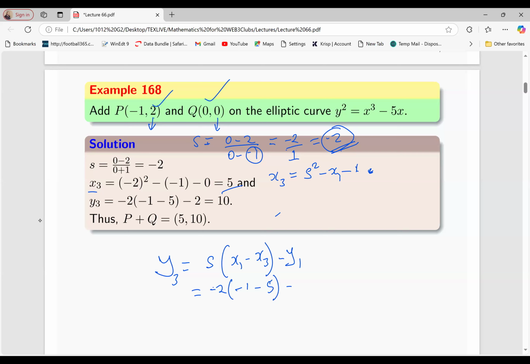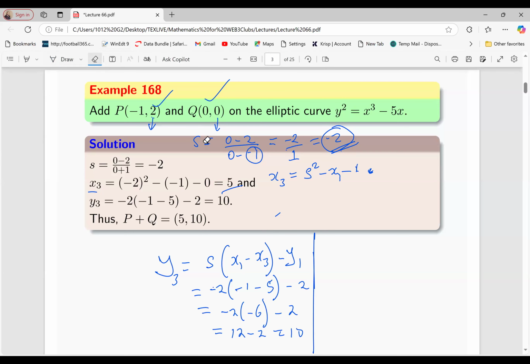Then if x1 is -1, then y1 should be 2. And so this gives you -2 into -6, then minus 2, which is 12 minus 2, which is 10. So that's how you get y3. And I've said you can interchange these things, but when you interchange, you ensure that you're consistent with your x1, y1, x2, and y2.